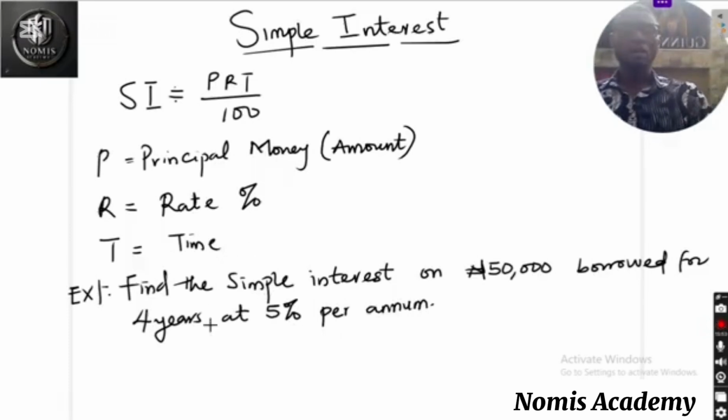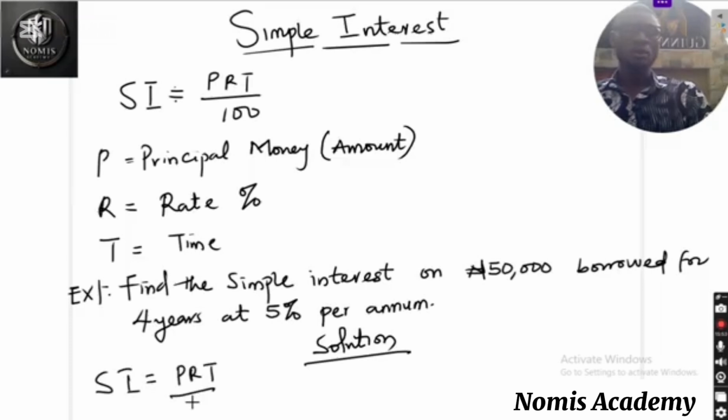So for me to calculate this simple interest that I'm asked to calculate, the first thing is to go into the formula by stating that SI, simple interest, is equal to PRT over 100. And now let us begin to input the parameters.